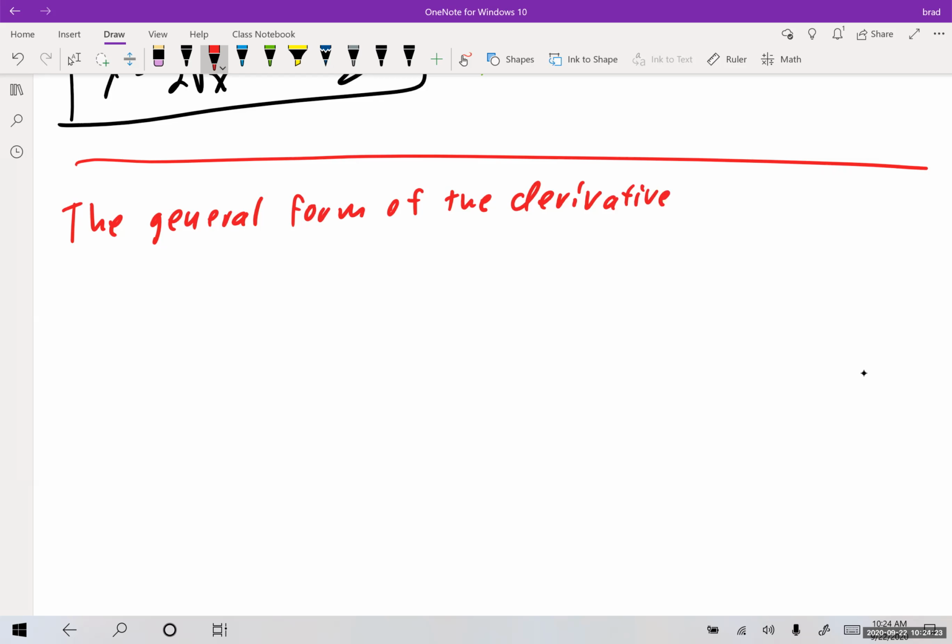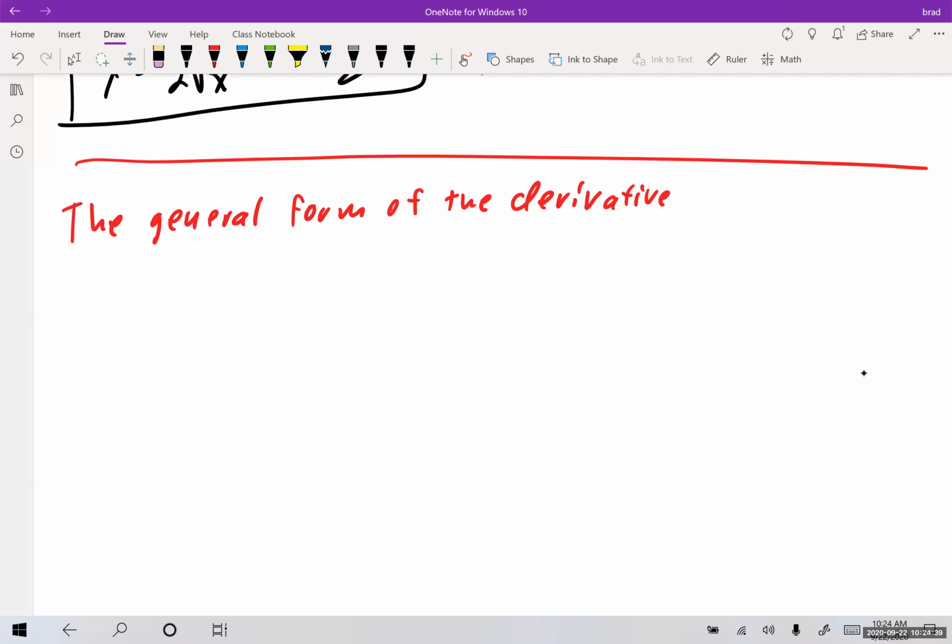Okay, the general form of the derivative is given by, let me see, general form of the derivative.